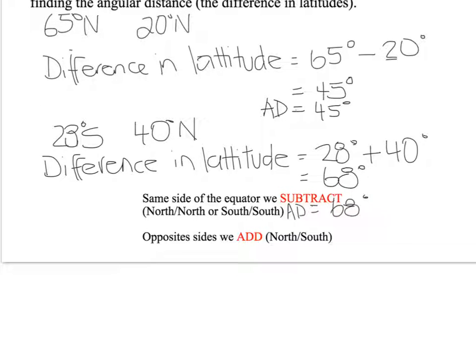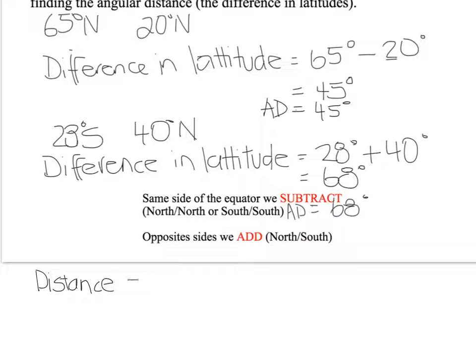is we can multiply our angular distance to find the overall distance. Okay, let's just get rid of this.